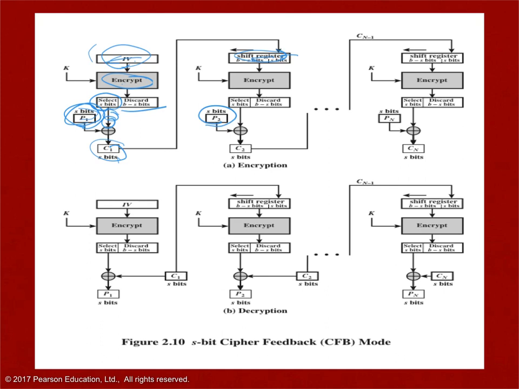In the assignment you will see that in terms of error tolerance, cipher feedback mode is much better compared to cipher block chaining. But the complexity is high. So we tried to gain on one aspect, but we lost on another.